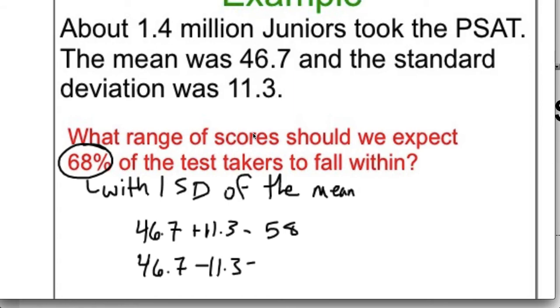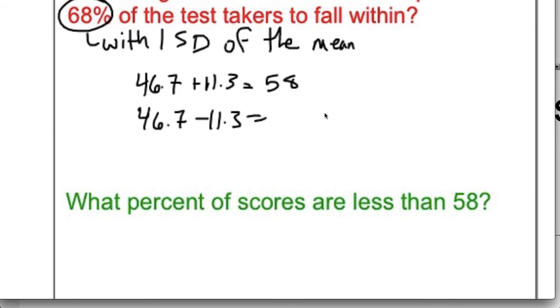And on the other end, let's pull out the calculator quick. 46.7 minus 11.3 is 35.4. And so 68% of test takers will fall between 35.4 and 58.